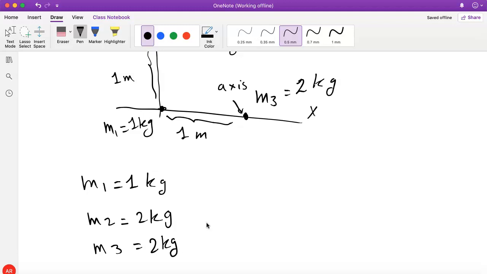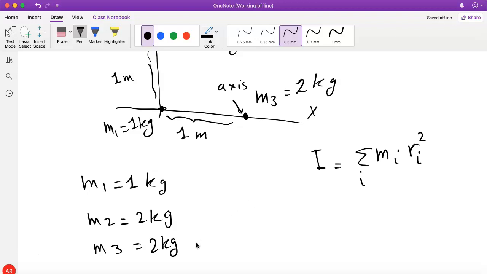Now we want to find the distances for each of these masses to the axis of rotation, right? Remember, our general formula was the sum over all the masses times their corresponding distance to the axis of rotation, squared.